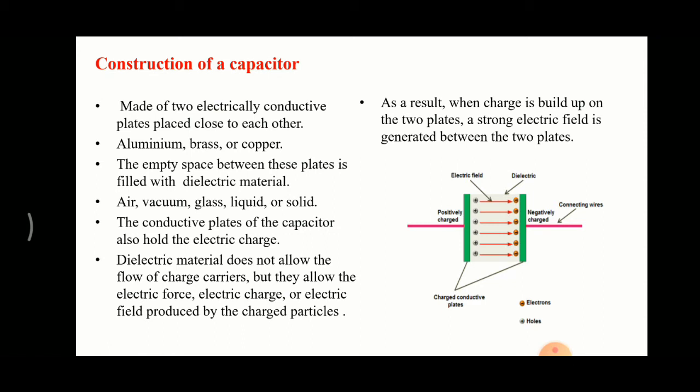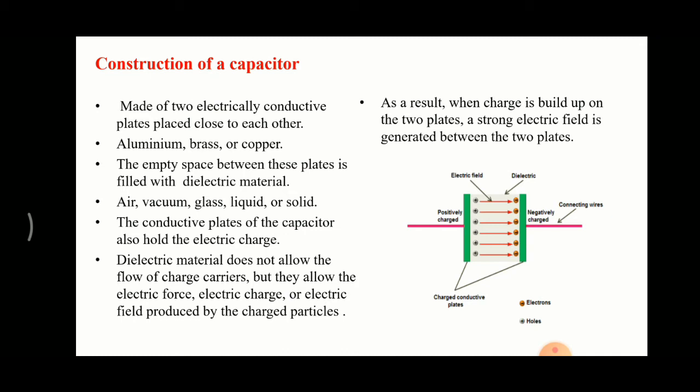In a capacitor, the dielectric material or medium blocks the flow of charge carriers between the conductive plates. If we place a conductive metal instead of the dielectric, the flow between the plates is not desirable, and it indicates the failure of the capacitor.